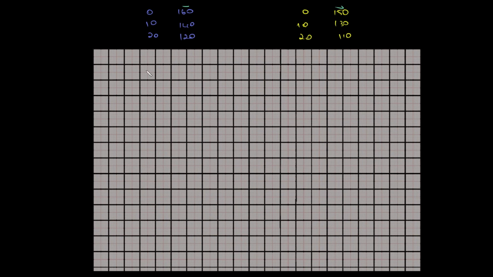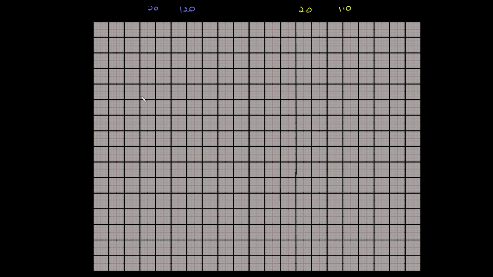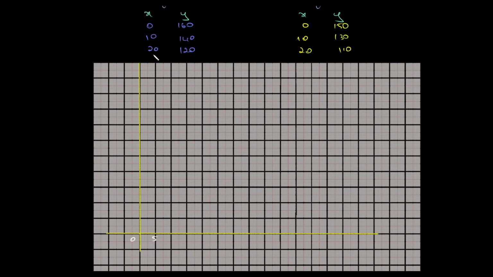So I have to go with tens, or 20s, or 50s. 50s does not make sense. 20s make sense for both, so it's better to go with 20s. For the x-axis, we are looking at 0, 5, because it's just till 20. I can go with 2 also, but that'll be too much. So 0, 5, 10, 15, and 20.